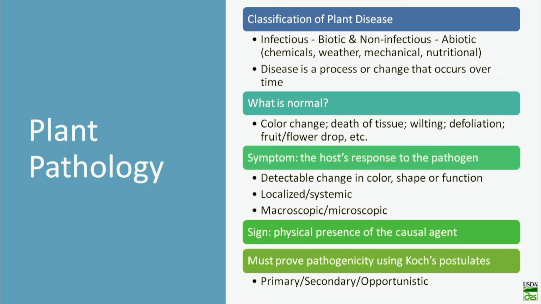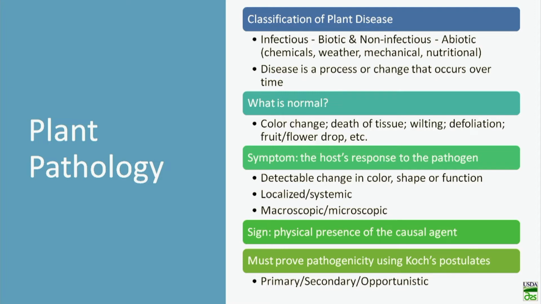And you're going to hear a lot today about symptoms versus signs. The symptom can be defined as the host response to pathogen attack. So you're actually going to see a detectable change in either the color, the shape, or the function. It can be localized, maybe a spot on a leaf, versus systemic, which works its way through the vascular system.